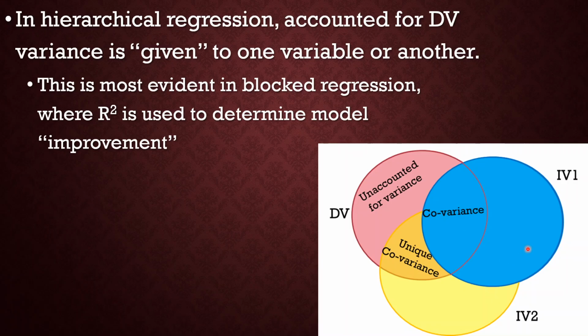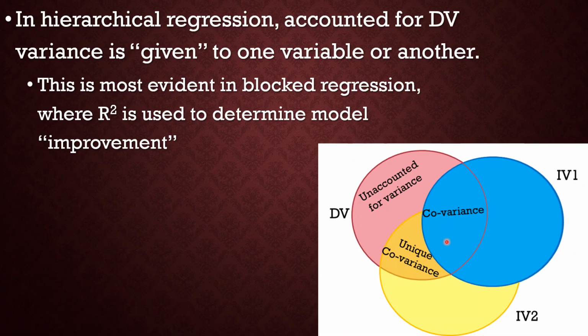In this hierarchical regression, variables entered in an earlier step or in an earlier block are given all of the R square that they could possibly get, and later variables or later blocks are given only as much chance to account for R square as they can without overlapping with the previous blocks. That being said, the significance of each independent variable coefficient is still the same. It's still just based on that unique covariance.